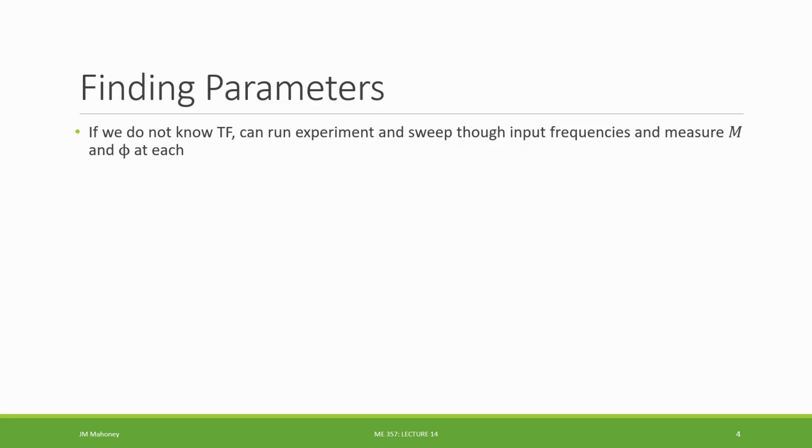And we can do this for a range of input frequencies, omega, and we keep measuring what the output looks like. And experimentally, we could see what the relationship is between the input frequency and the magnitude and the phase.